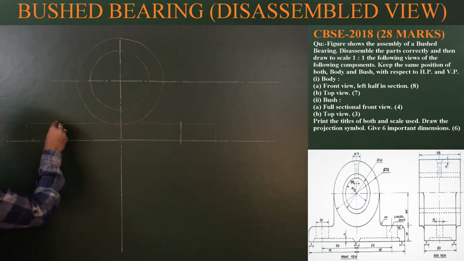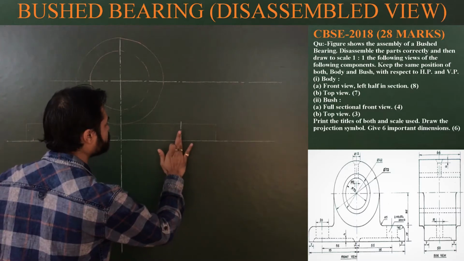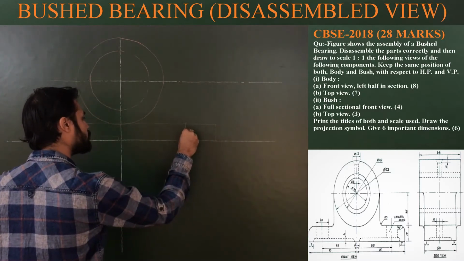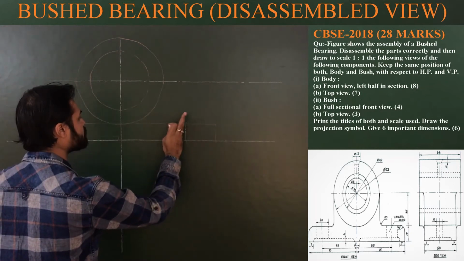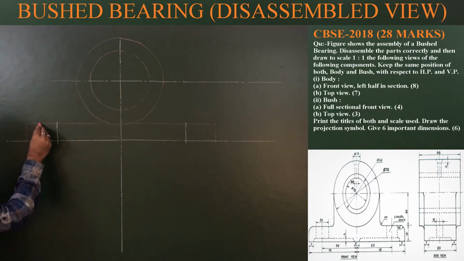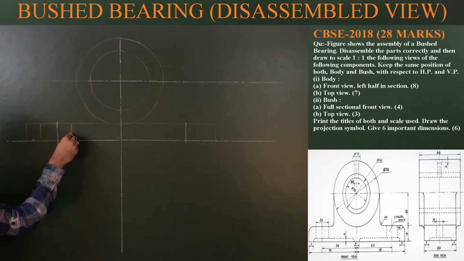So for the bolt hole, see, this is the axis. I'll also change the axis. This is the axis. Now for the bolt hole, from the front the dimension is 20, total is 20. So from the center 10 and 10. So from this point 10 and 10.